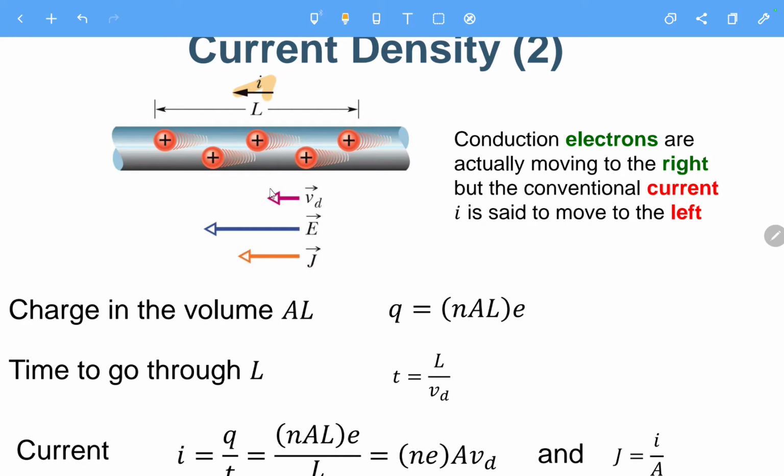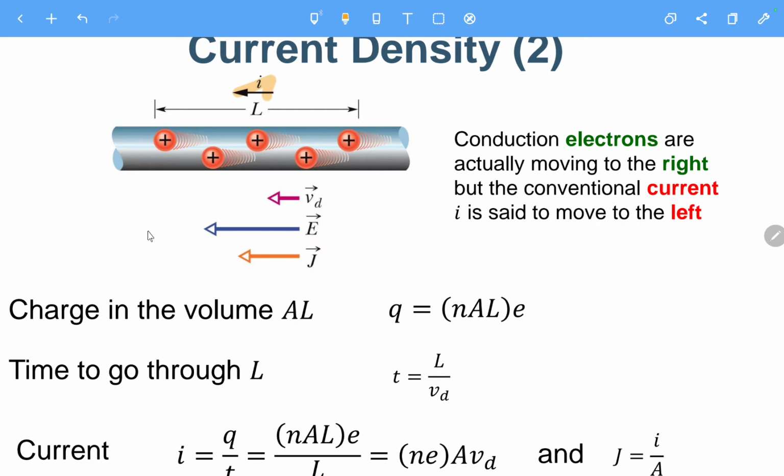So here we assume the average velocity of the charge is Vd. In that case, we can imagine there is an E field pointing to the left side. This E field will push the positive charge to the left side, because for positive charge, the Coulomb force has the same direction as the E field.